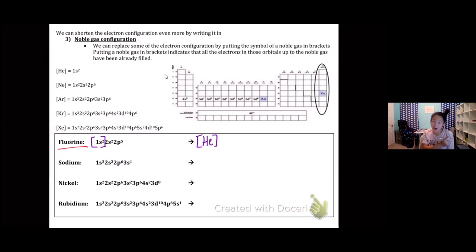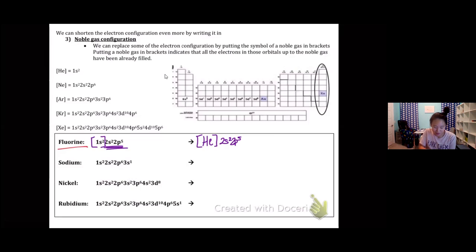Helium takes the place of writing 1s2, so you still write everything that comes after it. What comes after it is 2s2 and 2p5, right? So that's how you would write noble gas configuration. I know you're thinking, well, that's not that much shorter, but it becomes shorter and shorter the longer the electron configuration is. Okay, so let's try sodium.